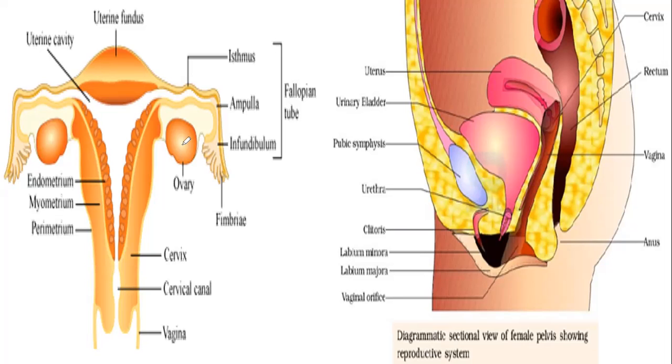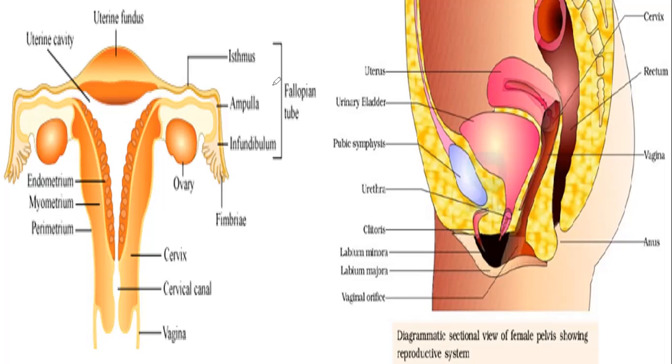Now, there is a pair of oviducts. Oviduct means fallopian tube. The oviduct, that is the fallopian tube, the uterus, and the vagina constitute the female accessory duct.